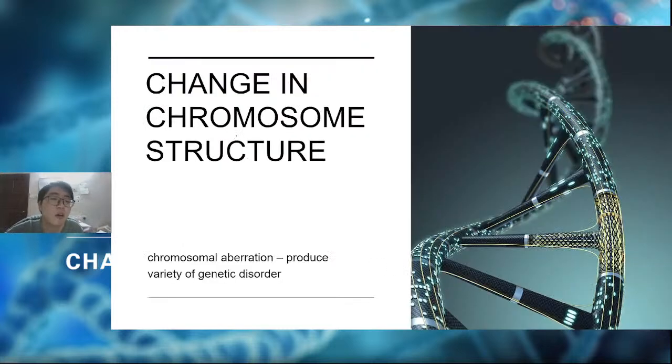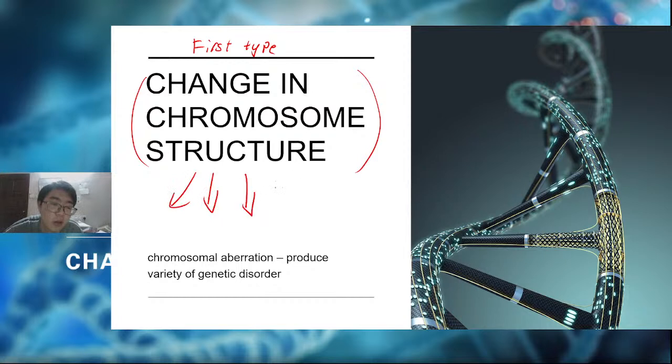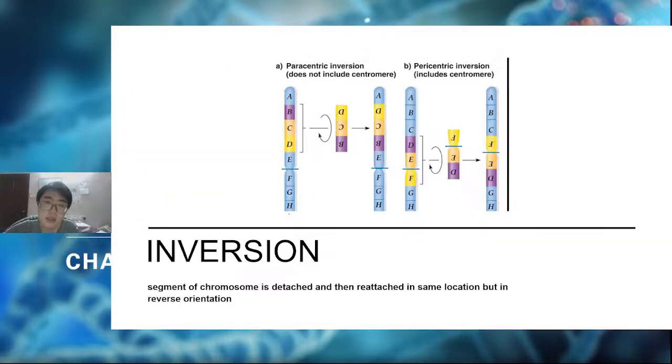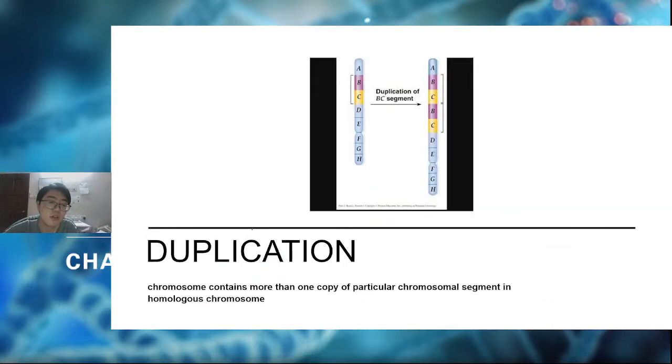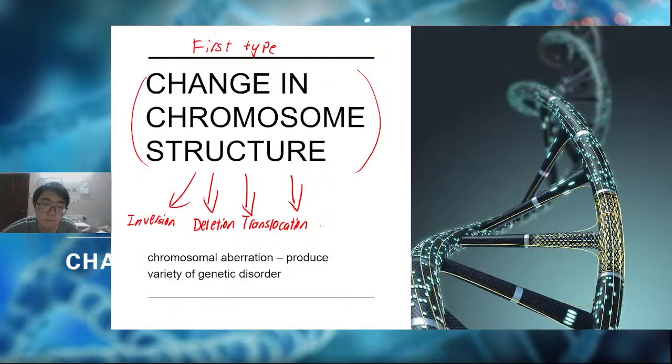So the first type of chromosomal mutation is change in chromosome structure. And this one has another four types: inversion, deletion, translocation, and duplication.